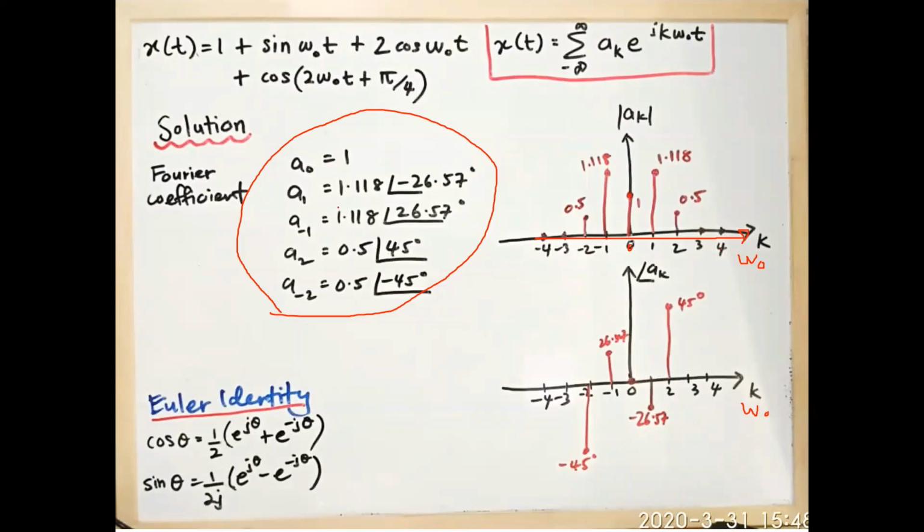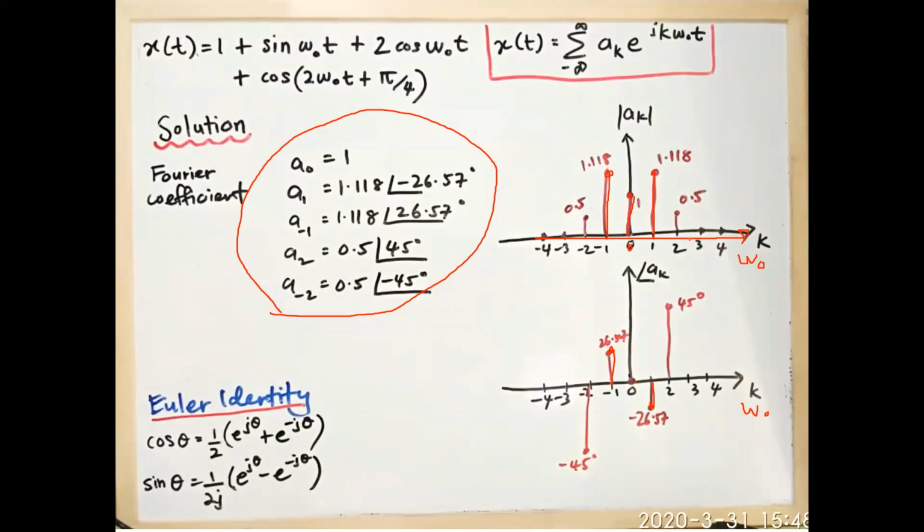A1, you have magnitude 1.18. Phase is minus 26.57. A minus 1 is magnitude 1.18. The phase is positive 26.57.